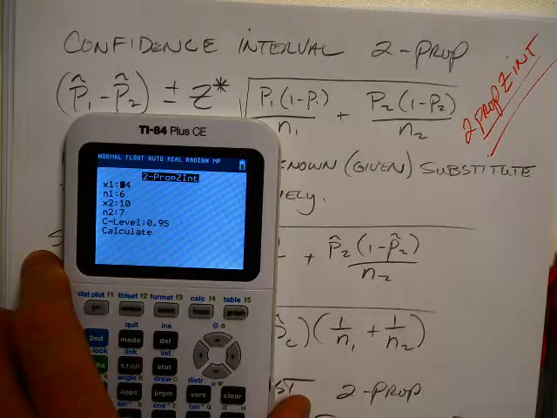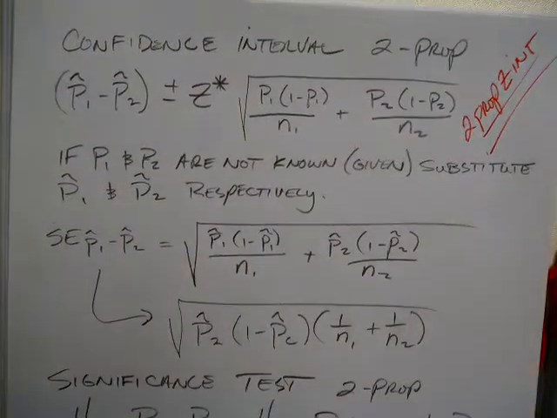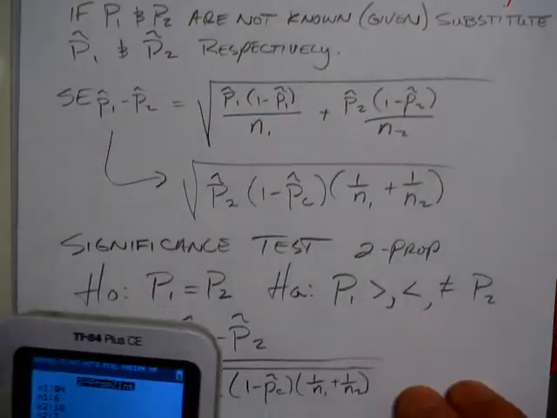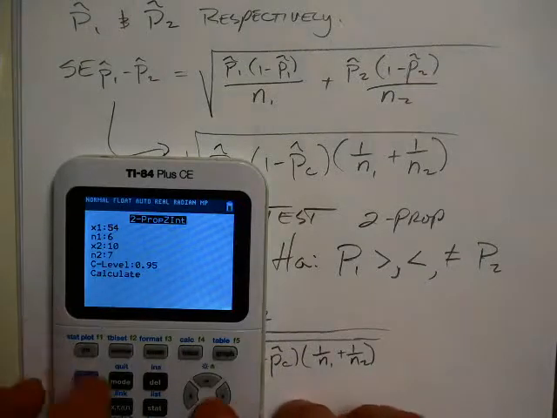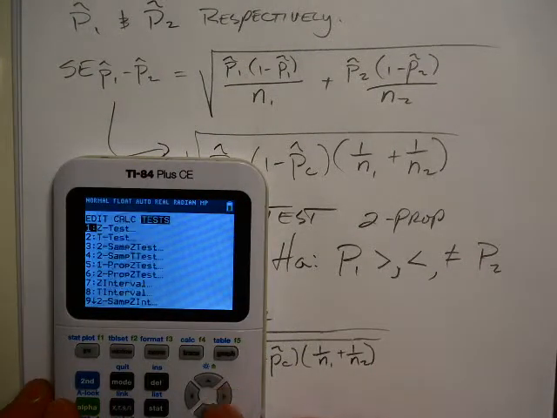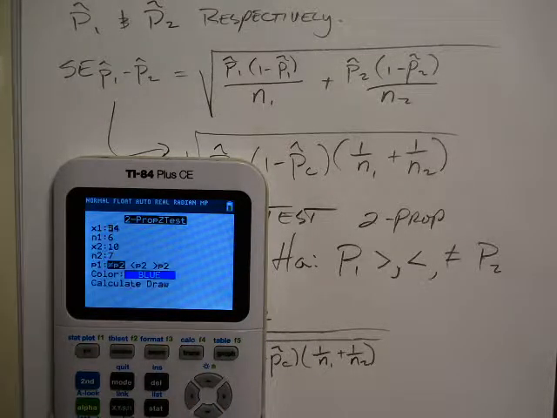Okay. Now, what if we go shopping for a significance test? Do we have a significance test for two proportions? Yes, we do. Right here at number 6. A two proportion z-test. I'm going to click on that just to see what sort of craziness it asks for. It asks for the top of the fraction and the bottom of the fraction on the first one, top of the fraction and the bottom of the fraction on the second one.